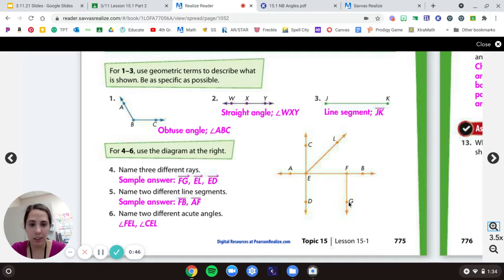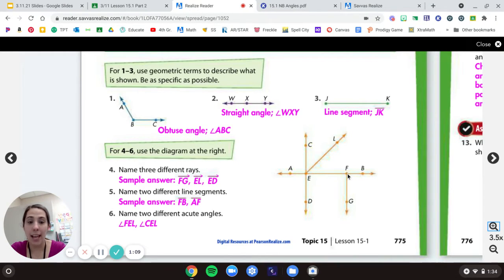Ray FG, ray EL. Some other ones we said were ray EC, ray EA, not ray AE. It had to be EA.